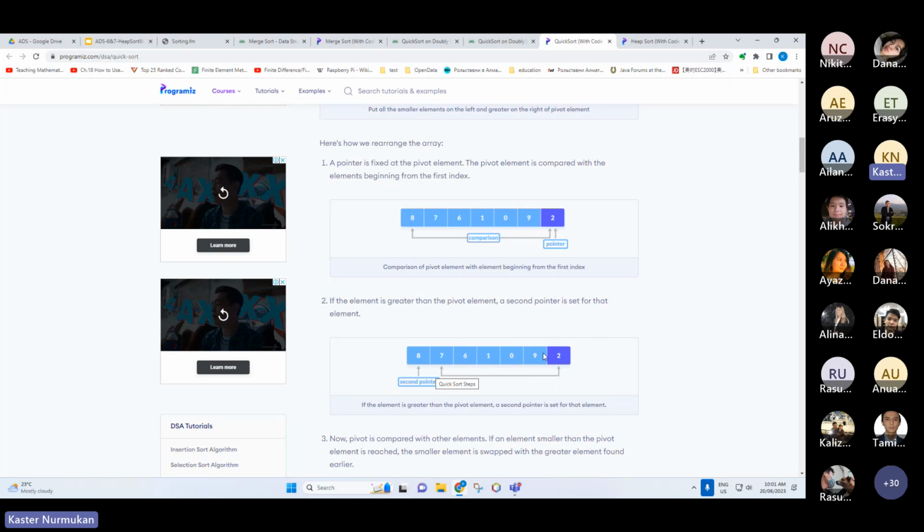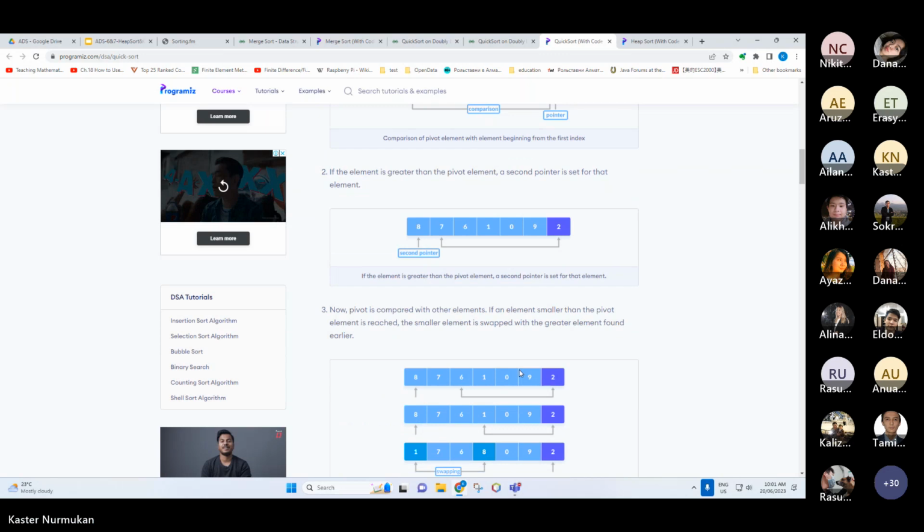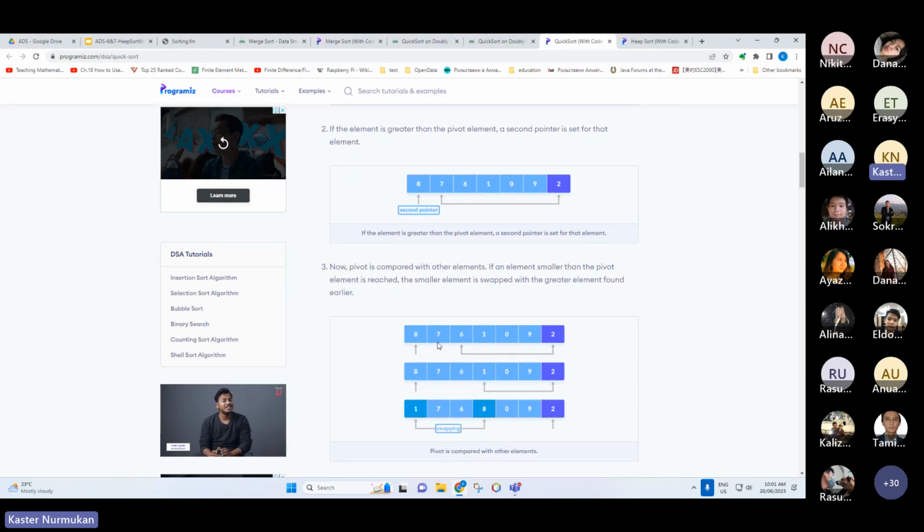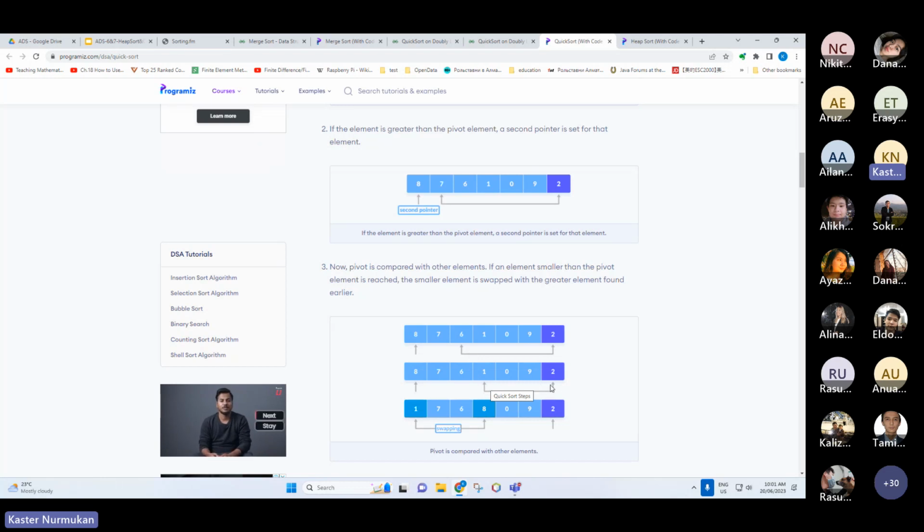If it's smaller, they will put it in the sorted position. As you can see, 6, 7, 6 are already bigger than that, so they don't change any position. But this one is smaller than 2, so at that time you can swap the small element with the biggest element here. So they will swap it.